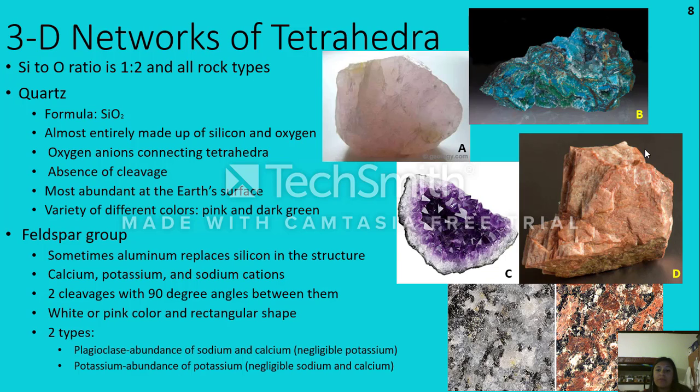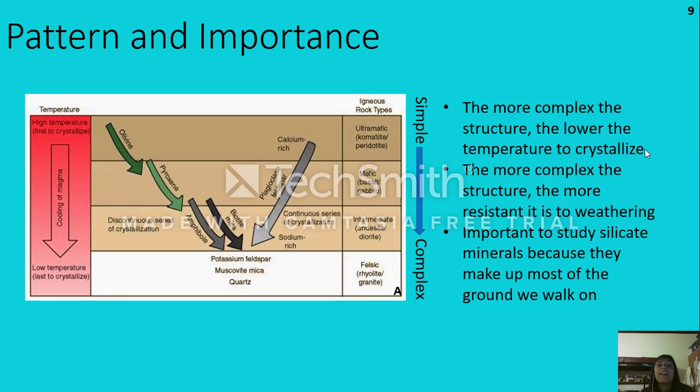The Bowen's reaction series shows us there is a relationship between the cooling of magma given a mineral and the complexity of their structure. Isolated tetrahedra are the least complex structure, which is the structure of olivine. Olivine crystallizes at the highest temperatures on the reaction series, and quartz crystallizes at the lowest temperatures.